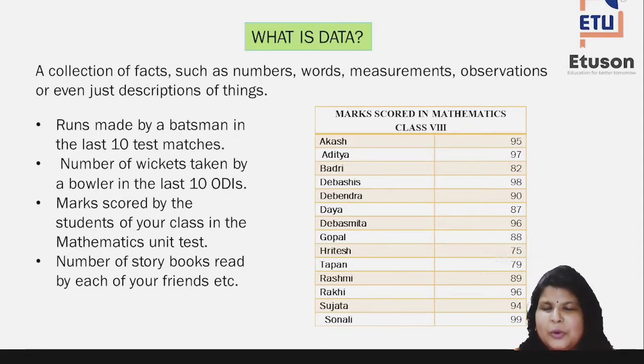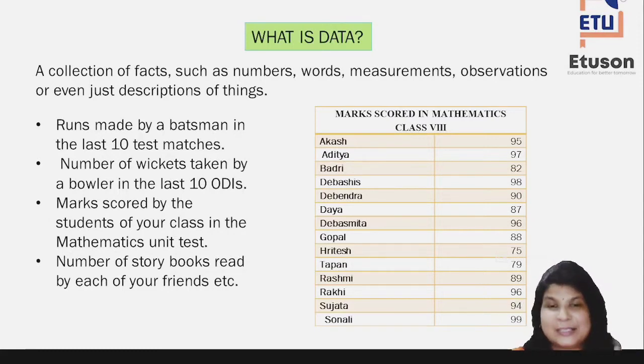But now when I will ask the same question, the same marks in the teacher's point of view, so when someone will ask what is the performance of the class, in that case, you have to find out what is the average marks scored by the different students, or what is the minimum marks scored by a student in a class, what is the maximum marks scored, who has scored it.